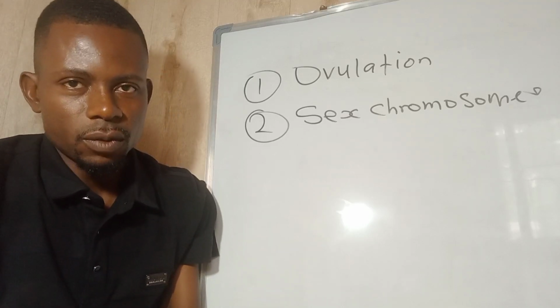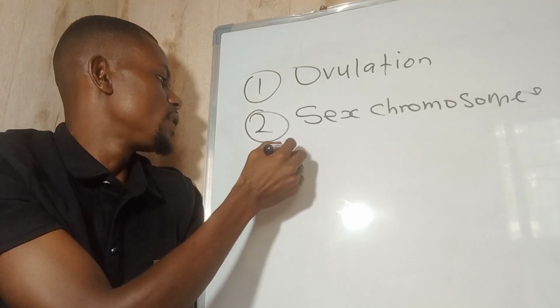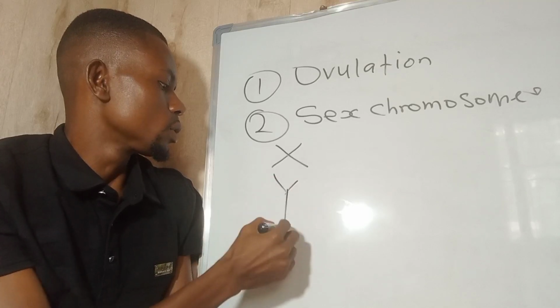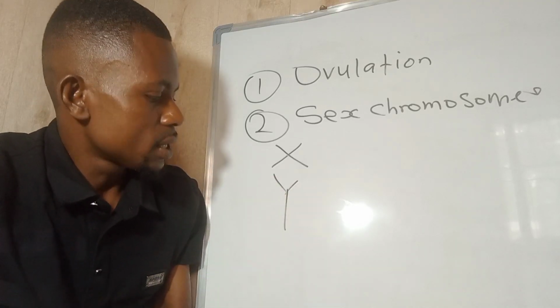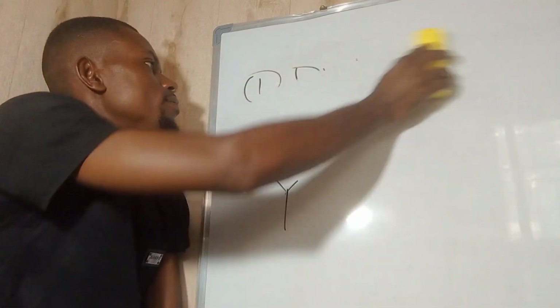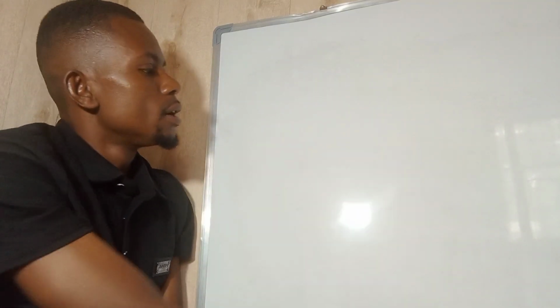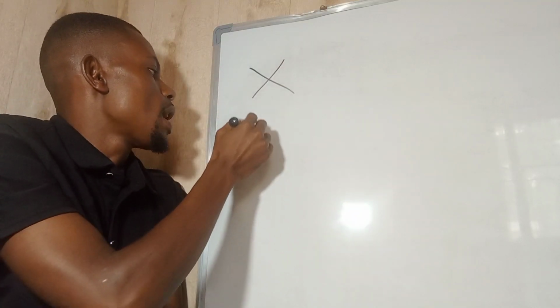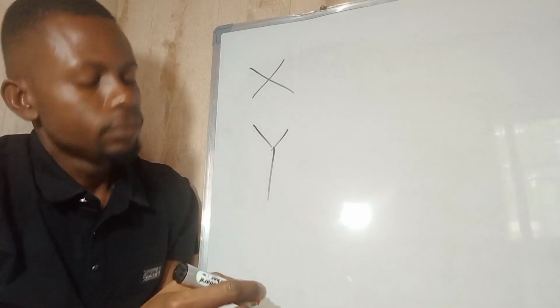So there are two types of sex chromosomes. We have the X chromosome and the Y chromosome.